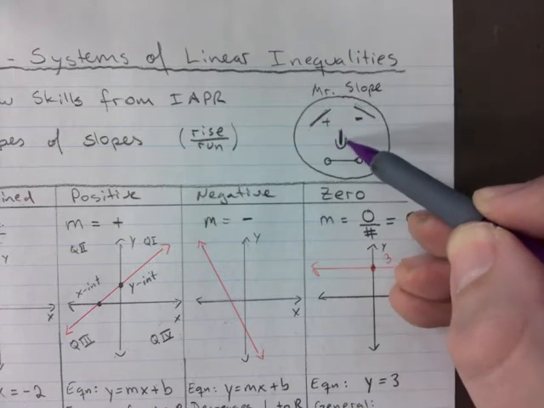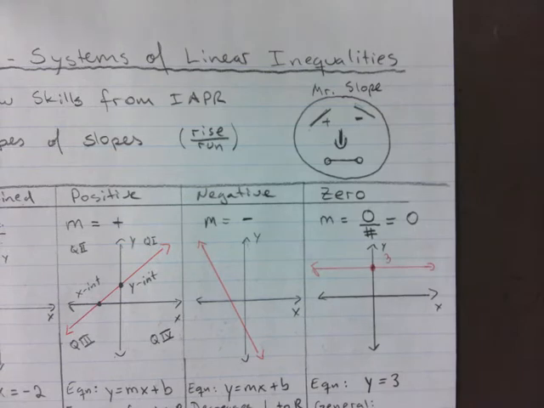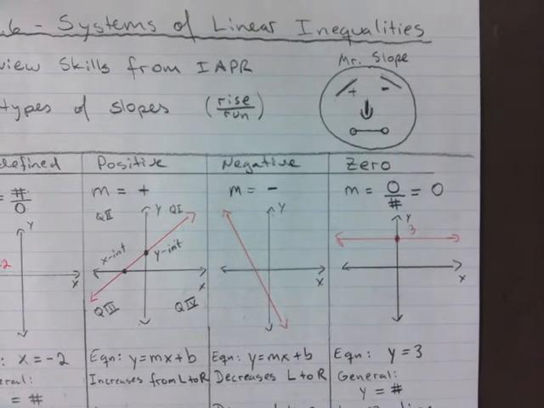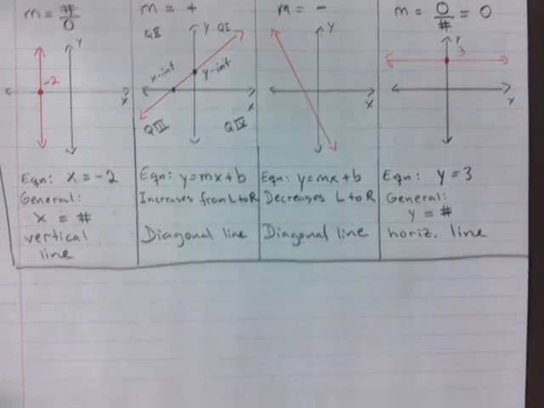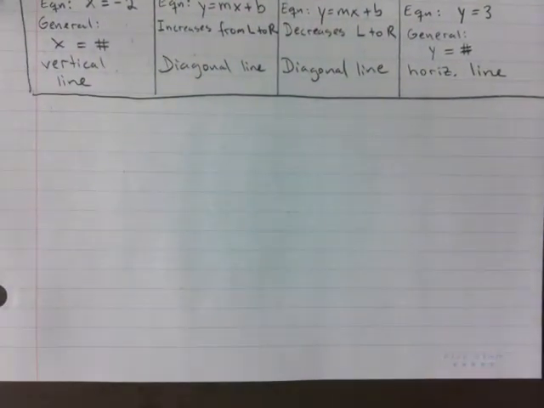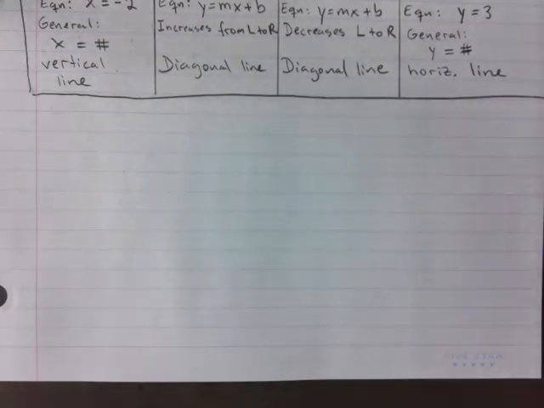Vertical has an undefined slope. Horizontal line has a 0 slope. Okay, that's a quick one, you'll remember, hopefully. Okay, let's keep going. There we go. And I will say this.